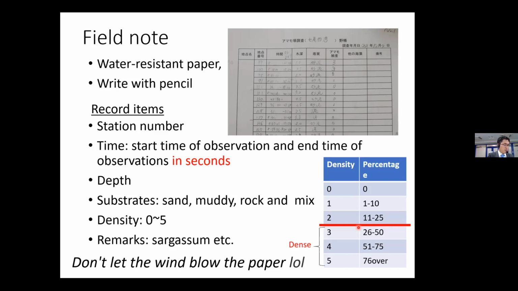It is enough to know whether the seagrass is dense or sparse. So please be aware of whether you are recording more than 3 or less than 3. In remarks, we record the type of sargassum also. It's a funny story, but be careful not to let the wind blow the field note away when the boat is moving.